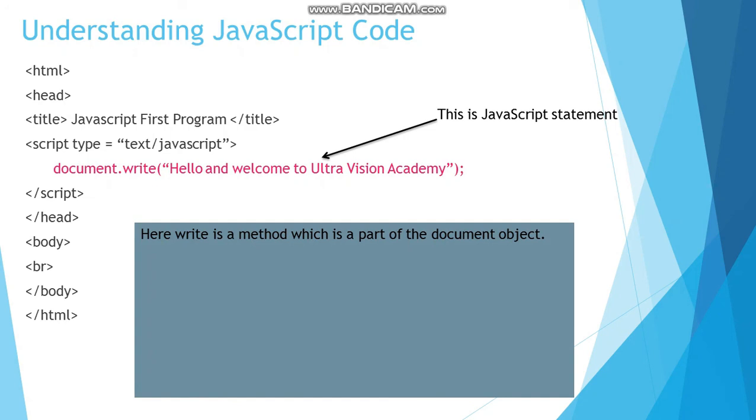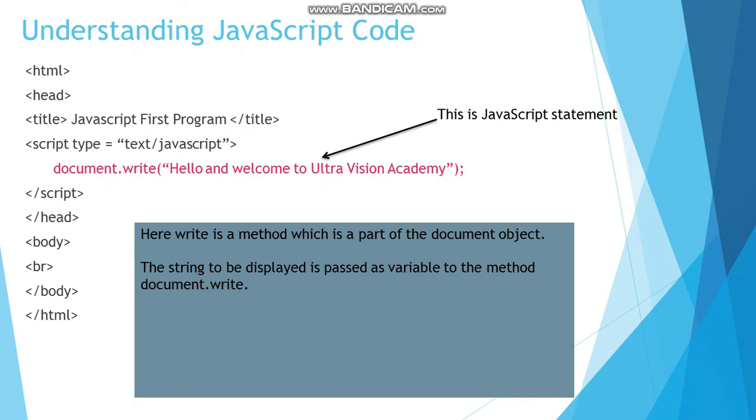So whatever you see on screen, means in the browser, all the things are considered as objects. So the browser window itself is an object. So inside the browser window, the white part where we write something or where we display something, that part is known as document. So document.write means we are writing something inside the document part.